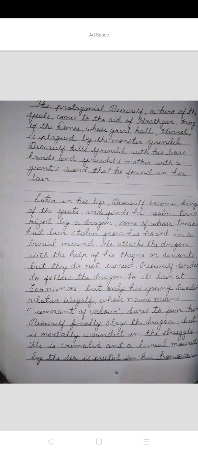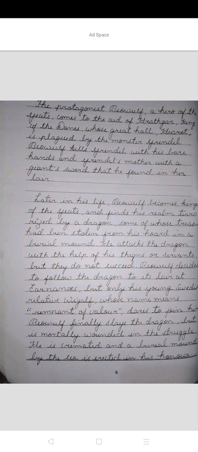Later in his life, Beowulf becomes king of the Geats and finds his realm terrorized by a dragon, whose treasure had been stolen from his hoard in a burial mound. He attacks the dragon with the help of his servants, but they do not succeed.